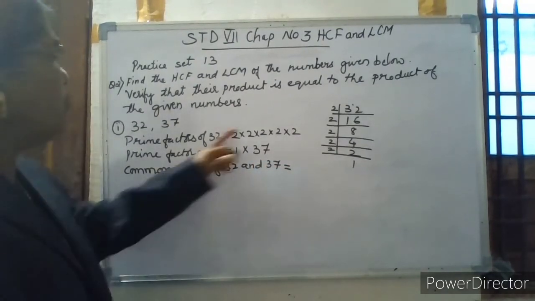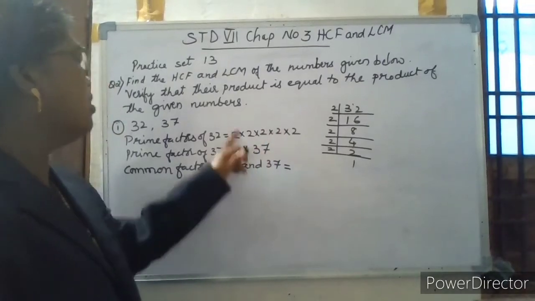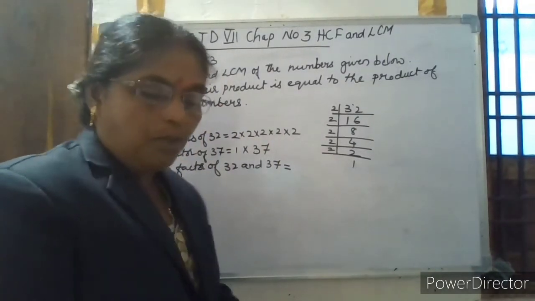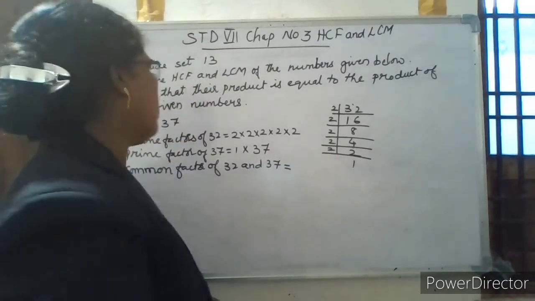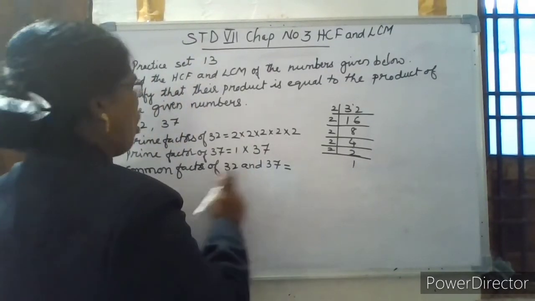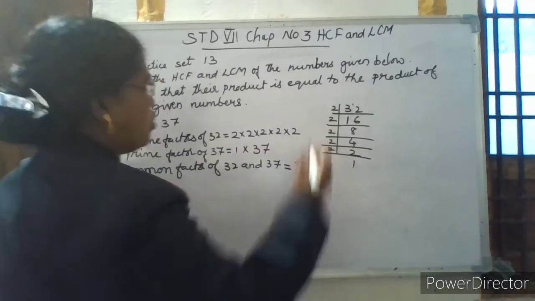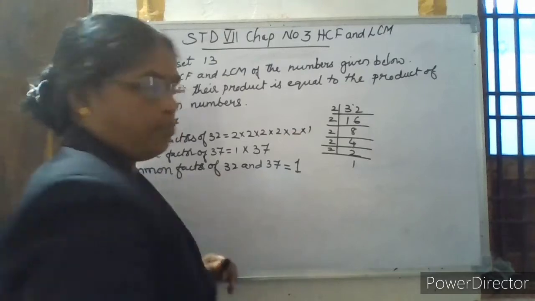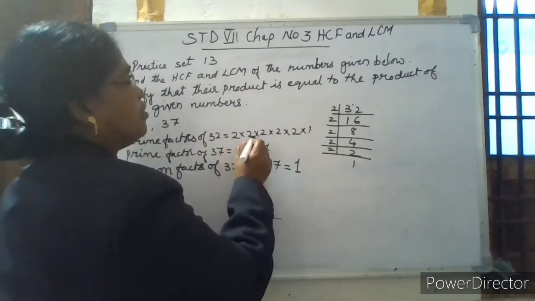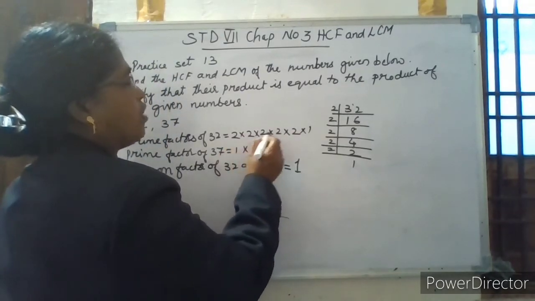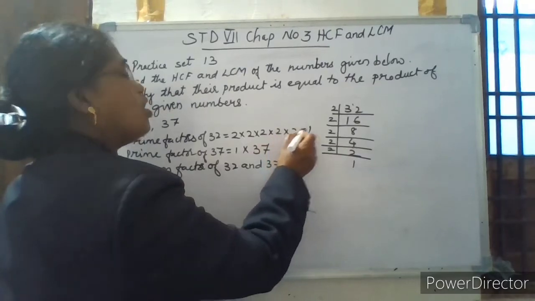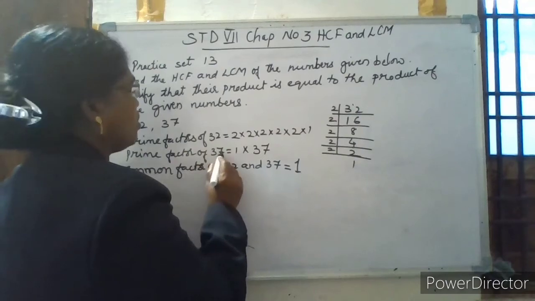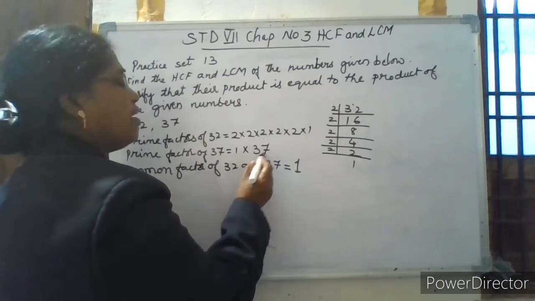Now, can you find any common factors here? There are no common factors. When we don't have any common factors, then we have to take the common factor as only 1, because here I can write 32 as 1 into 32, and the prime factor of 37 is 1 into 37.